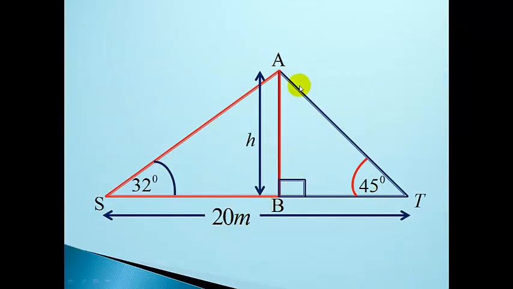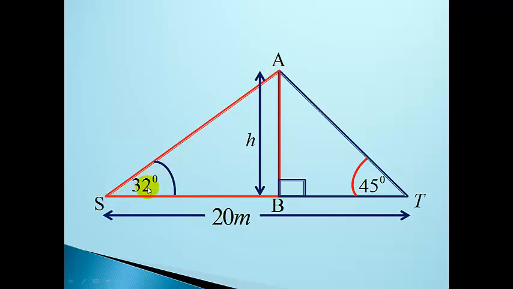Now, considering the diagram, AB is the height of the tower. That is the distance from A to B. That is the height of the tower. We are given the distance from S to T to be 20 meters. And the angle of elevation from S of the top of the tower is 32.